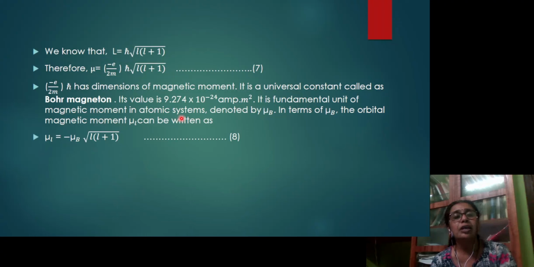Many times magnetic moment is expressed in units of Bohr magneton, denoted by mu b. So in terms of mu b, the orbital magnetic moment can be written as minus mu b under root L into L plus 1. This notation mu L is used because L denotes that it is the orbital magnetic moment.